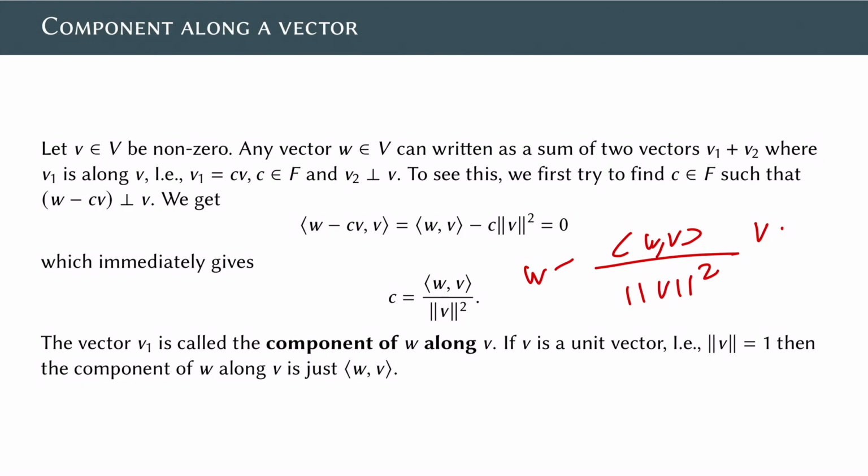Okay. In particular, if you take norm v equal to 1, vectors for which norm v equal to 1 are called unit vectors, then the component of w along v is just the inner product of w comma v. This should ring bells, and you must recall similar stuff you have studied for the dot product in R2.